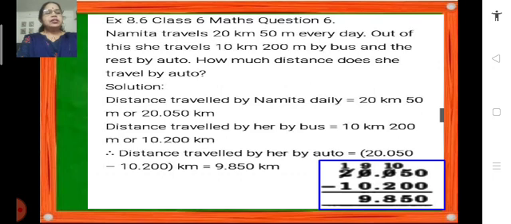So it becomes 10. 10 minus 2 becomes 8. Now we put the decimal, move on to ones place. In ones we have 9. So 9 minus 0 becomes 9, and in tens place we have 1 minus 1, that is 0. So the distance travelled by her by auto is 9.850 kilometers.